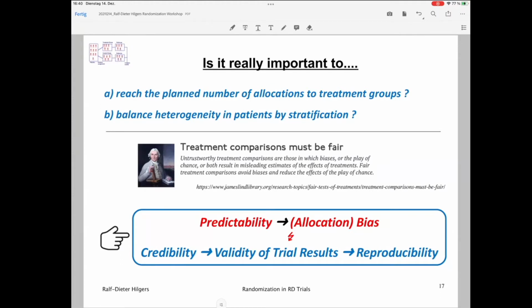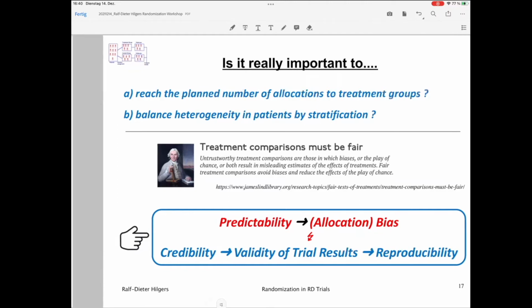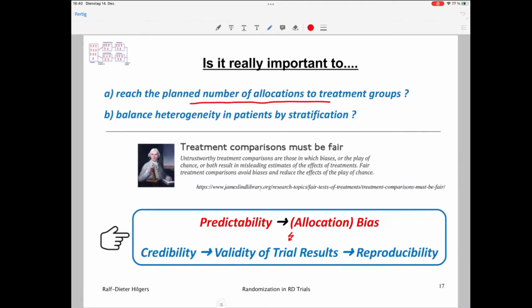But what about the argument that the planned allocation ratio should be preserved at the end? I don't think that is really an important argument, because if you have an unbalanced allocation at the end and a loss of 3% in power, then you can deviate very much from the one-to-one allocation procedure. I'll give you an example later on.